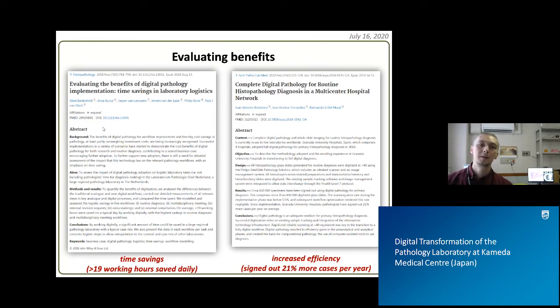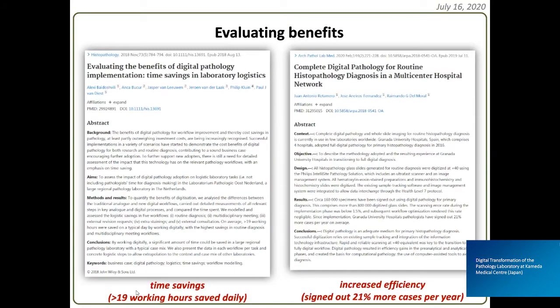This study from the Netherlands used a metric of time savings, and they show that in their lab, they save about 20 hours daily using digital pathology. This is the most recent study from Spain, which used another measurement, which they call increased efficiency, and they prove that in their settings, they sign out, let's say, more than 20% more cases per year.